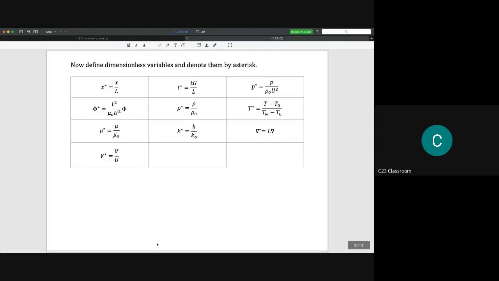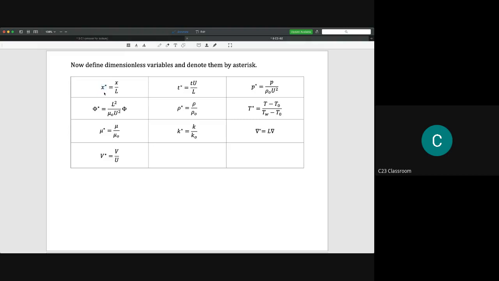However, for the differential form, we need to understand a little bit about the way the dimensionless parameter is constructed. So the idea is we will use an asterisk.